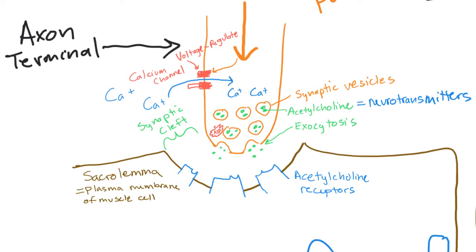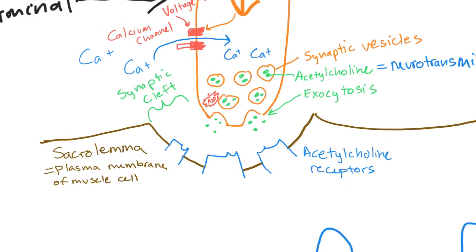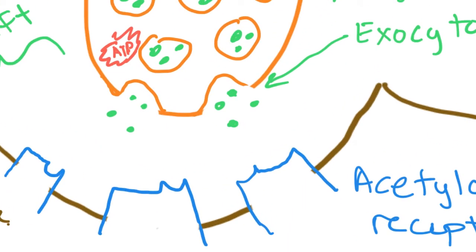But in this instance, it's transmitting it to our muscle cell. So these acetylcholine receptors will bind to acetylcholine. Acetylcholine will then diffuse across the synaptic cleft and bind to the receptors.